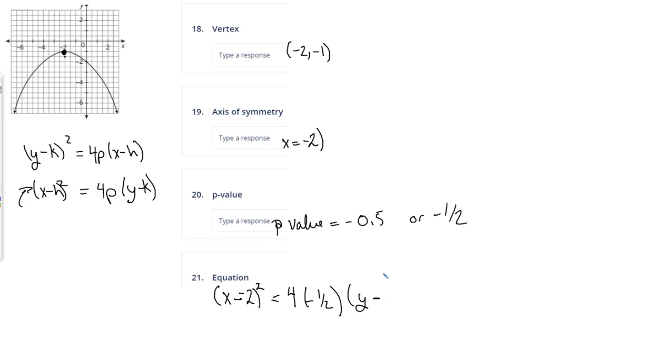What is our k? When you're subtracting a negative, it's the same as adding it. 4 times -1/2, or 4 times -0.5, is -2, times y minus a -1. That's going to be the same as -2 times y plus 1. So that's your answer.